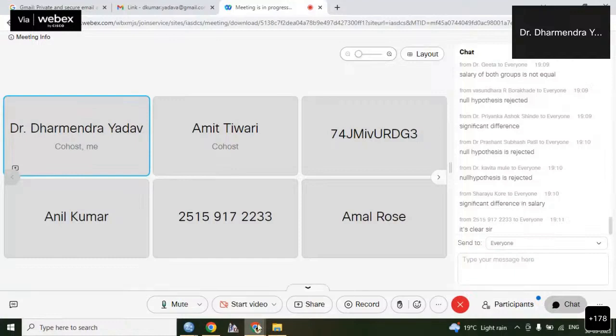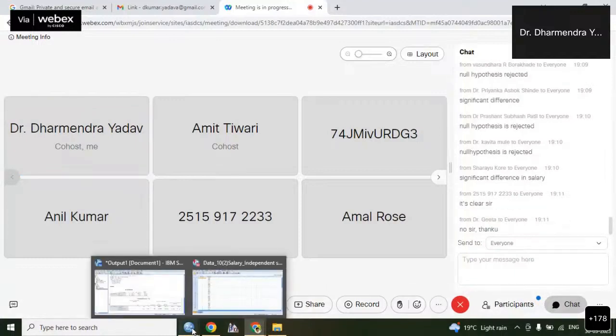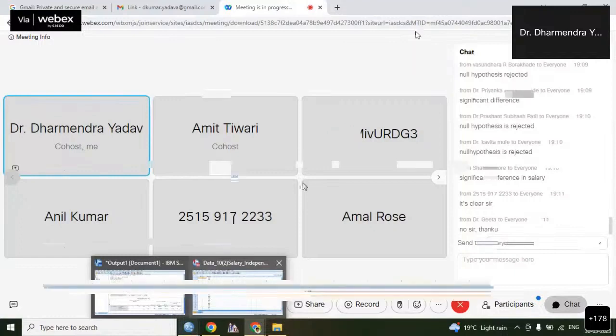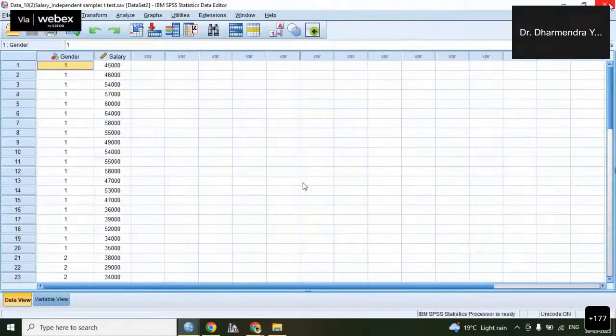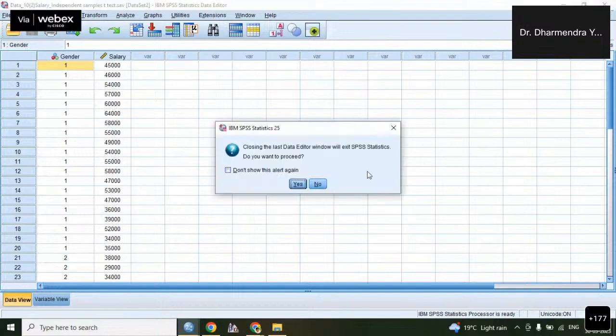So this is the second t-test. Now we are going for the paired sample t-test. It means we are taking observations on the same subject two times.